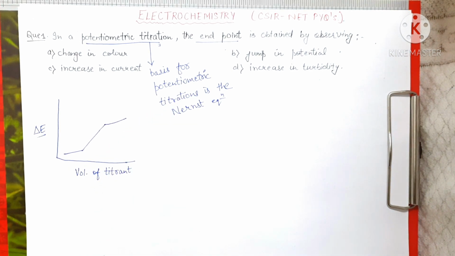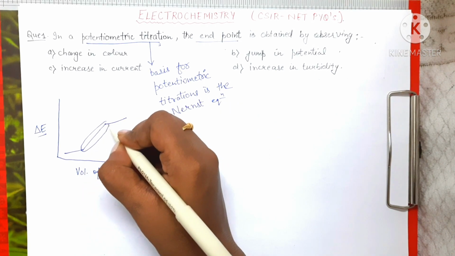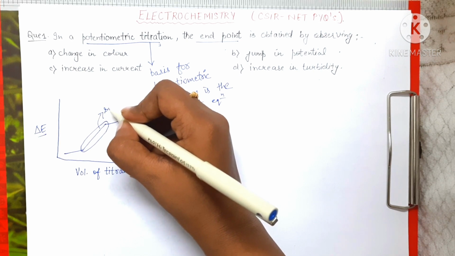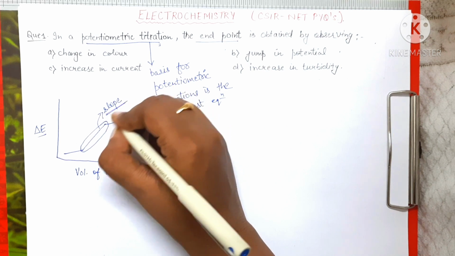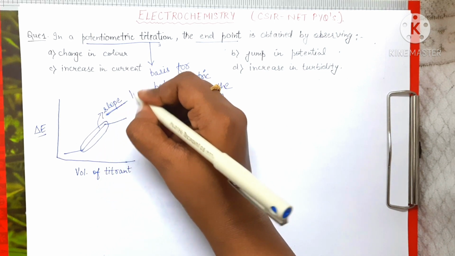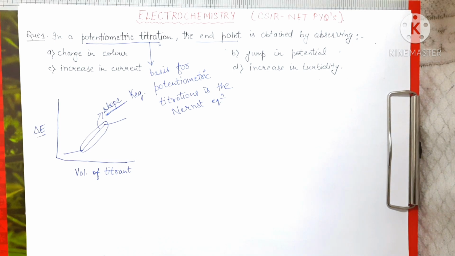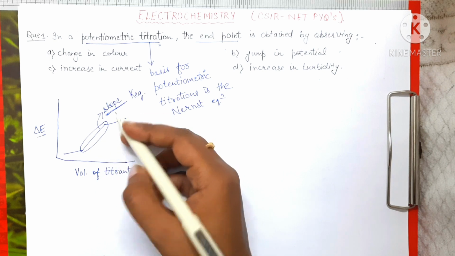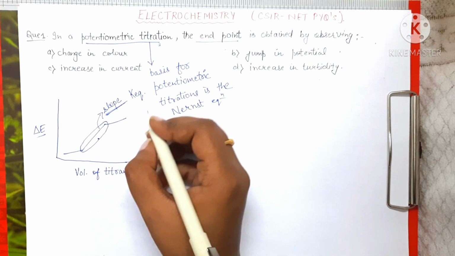The graph is like this, and this section gives some slope, and this slope value depends on the value of the equilibrium constant, right? So this slope is going to give us the equivalence point. Using this slope we are going to find out the equivalence point.